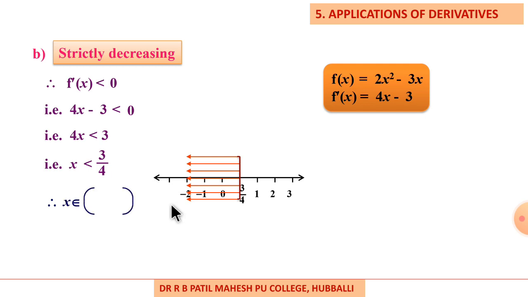So here x belongs to minus infinity to 3 by 4. You can use open intervals, since 3 by 4 is not included. So open interval minus infinity comma 3 by 4. In this interval the given function is strictly decreasing.